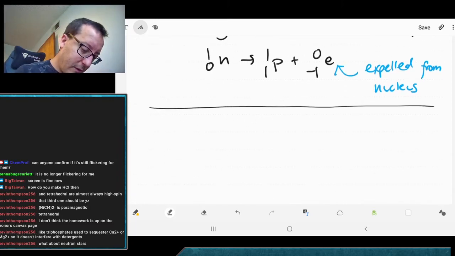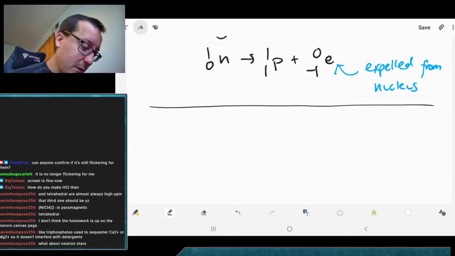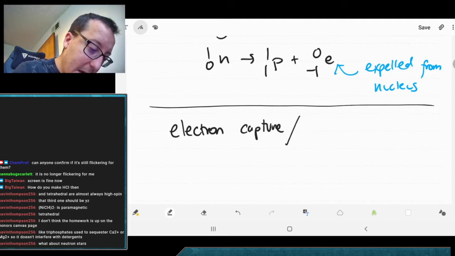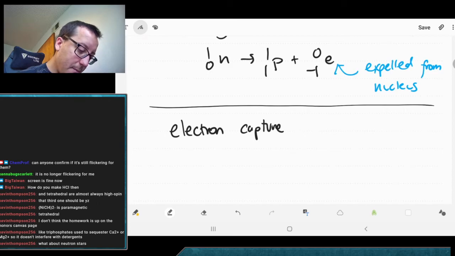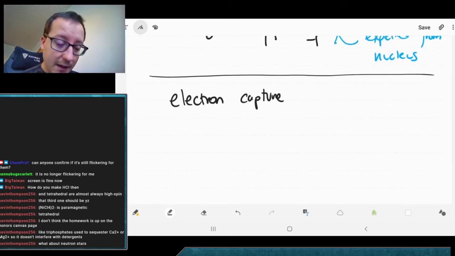So, cool. Those are two ways to do it. We have another two processes we're going to talk about, which are electron capture and positron emission. They're two different processes, but they do the same thing overall. So this is going to be kind of the opposite of beta decay.